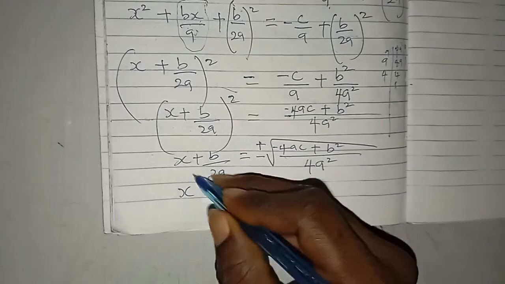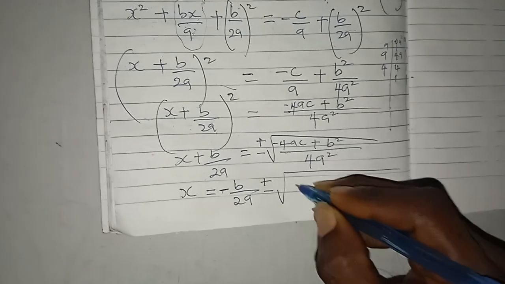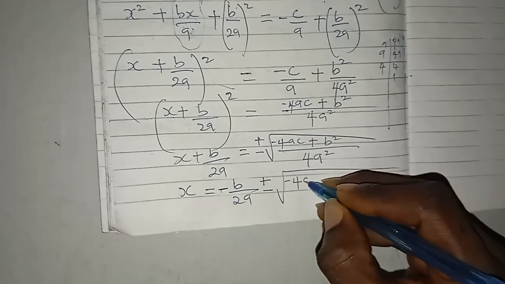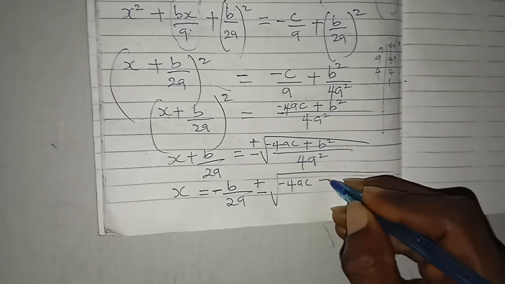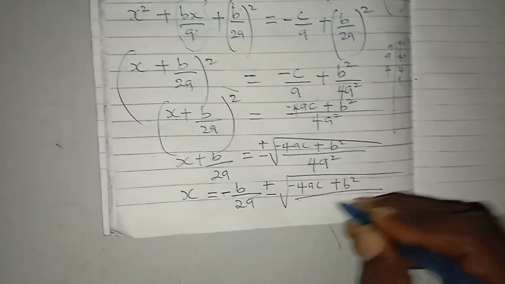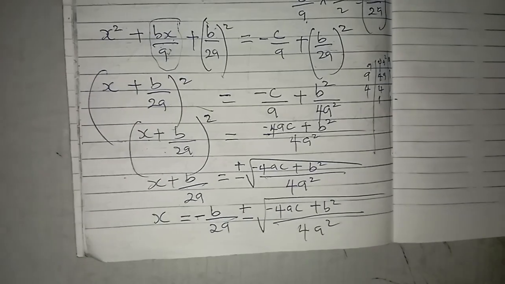And notice that as it's crossing the equality sign, it will carry minus. Then root minus 4ac plus b square all over 4a square. Okay, let's see if there's anything we can do to break this down. Remember what we have.